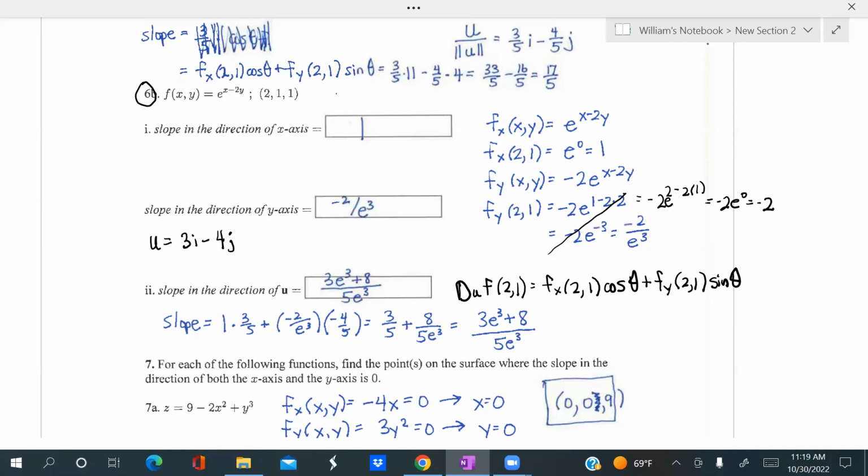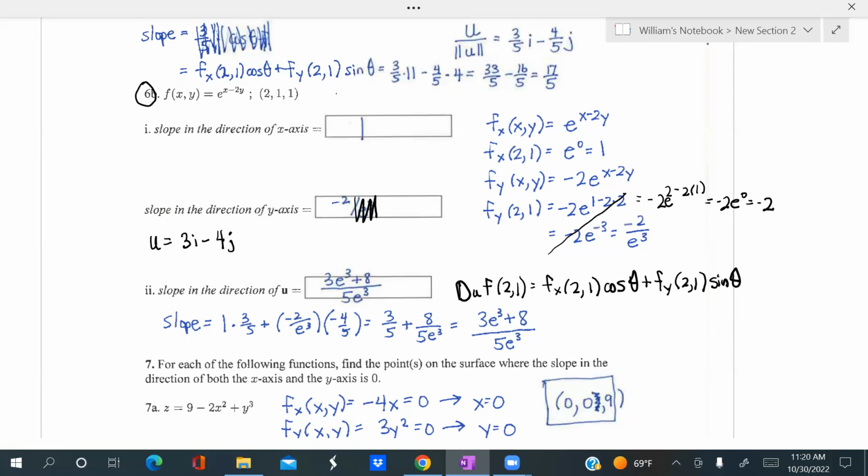All right, so our slope in the direction of the y-axis is just minus 2, not minus 2 over e cubed. Oh, nice. So that's going to simplify some of our calculations in this second part of the problem as well. Because here, we want to find the slope in the direction of this vector u, right?